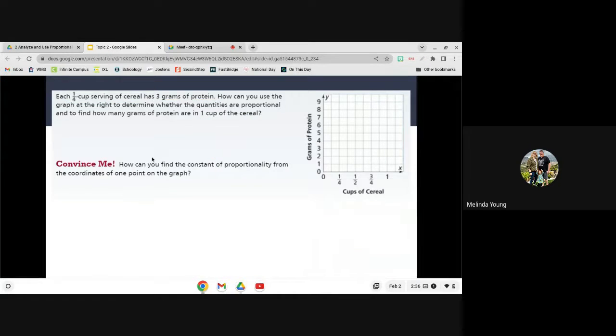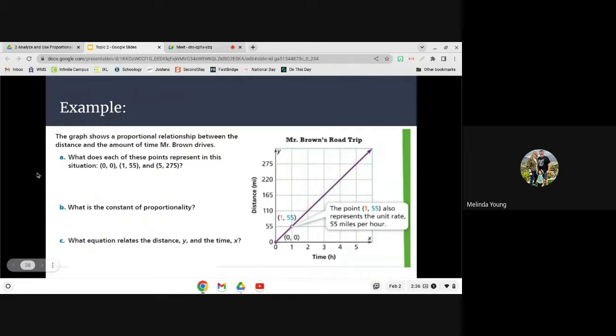So next example, we've got the graph shows a proportional relationship between the distance and the amount of time Mr. Brown arrives. What does each of these points represent in this situation? So right away, at 0, 0, we know we haven't gone anywhere. No time has passed, no distance. I haven't gone anywhere. Okay.